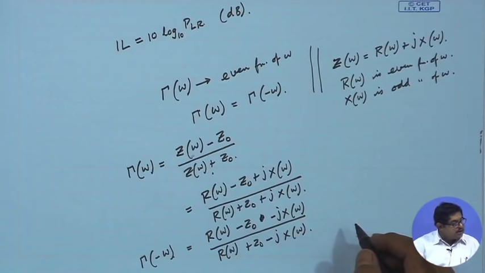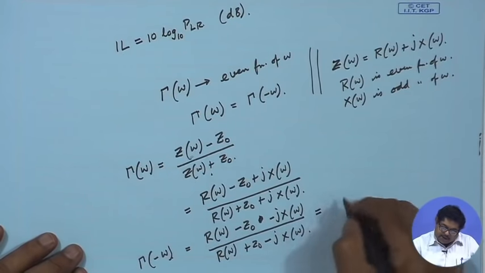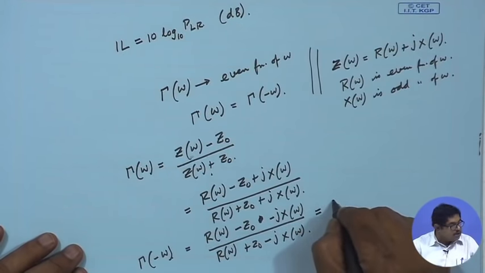Basically, this right side can also be written as the complex conjugate of gamma omega. You see that this is real, so this minus this by this minus this. So, we saw that minus gamma minus omega is nothing but gamma conjugate omega.